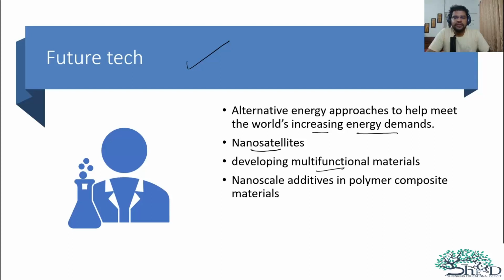Then multifunctional materials, something which can be rigid and soft also. If you have seen Batman movies, he has a programmable cape. That is not all based on this, but some multifunctional materials can be made. Let's take an example.